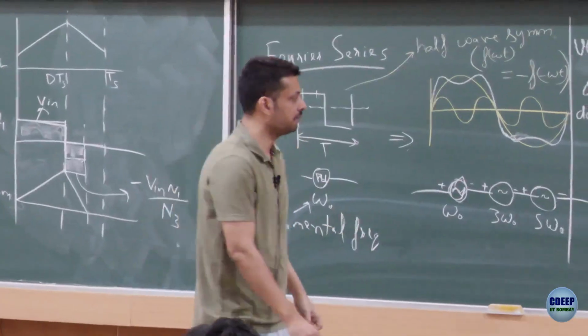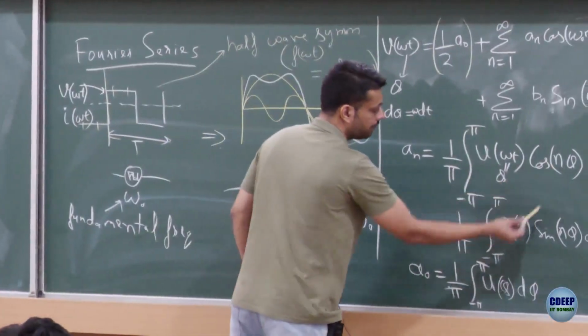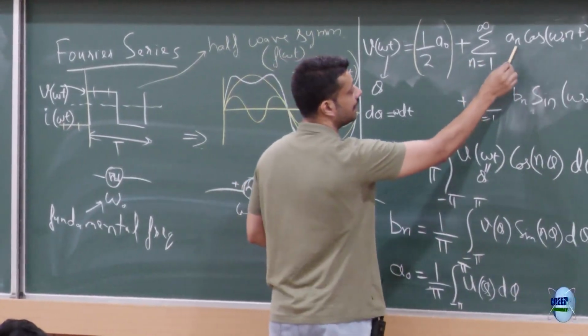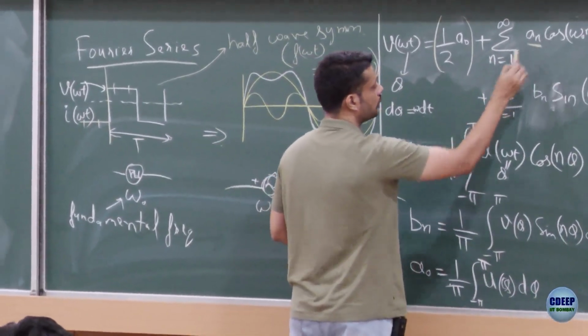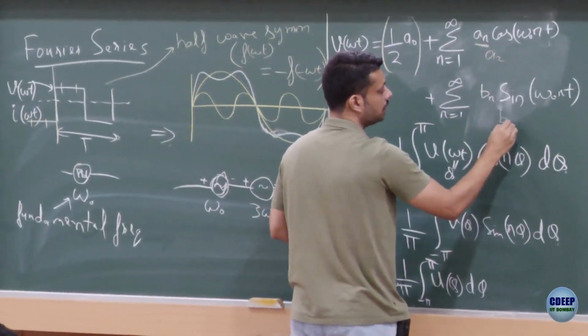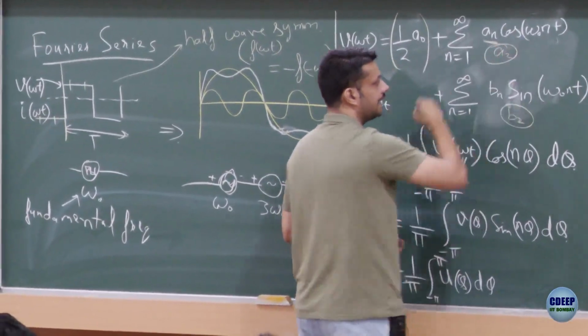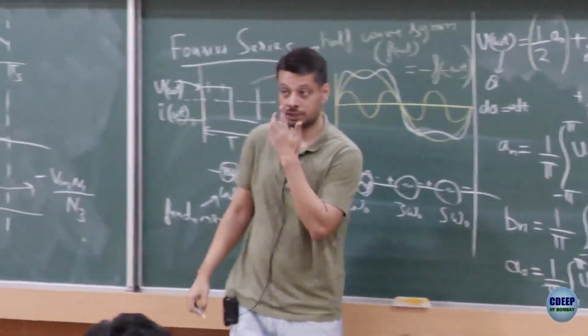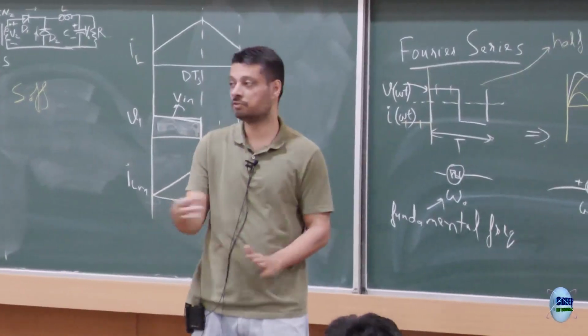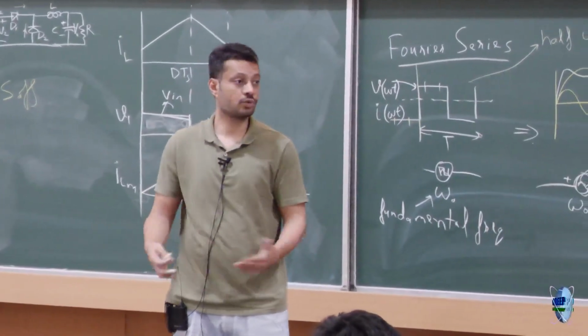It would not be very difficult. Just substitute n equals 2 and find a2 and b2, and you would realize that these come out to be equal to 0 if you have half wave symmetry. That means there is no even harmonic, no second, no fourth, no sixth and so on.